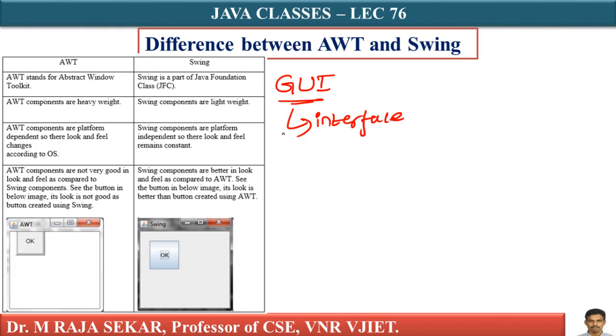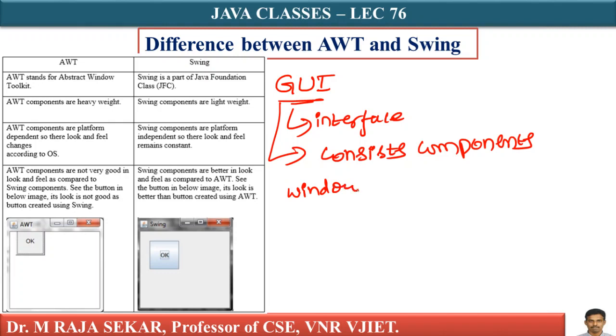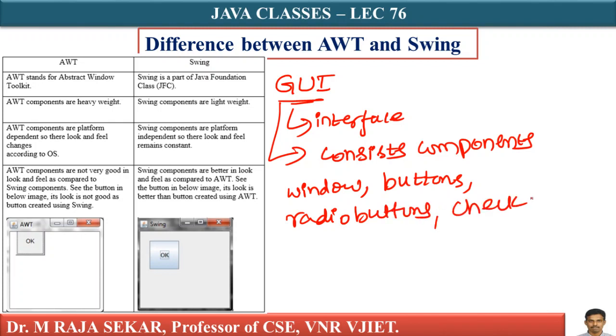Also, what can a GUI consist of? A GUI consists of various components like windows. In a GUI you can see components like buttons, radio buttons, checkboxes. All these things we discussed, isn't it?